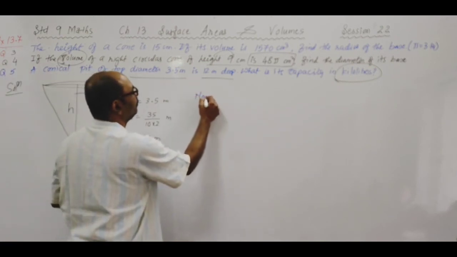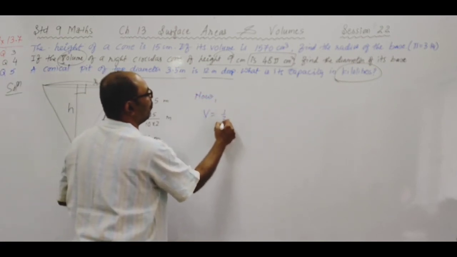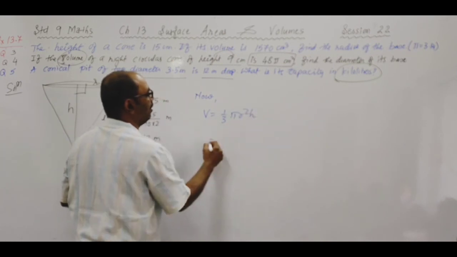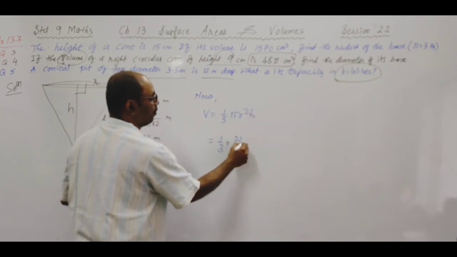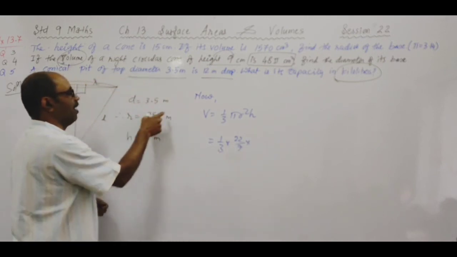Now, volume of cone is 1/3 pi r square h. 1/3 into 22 upon 7 into r square.